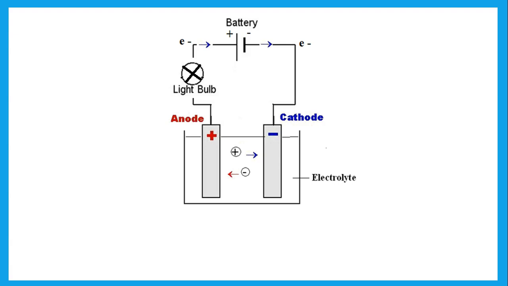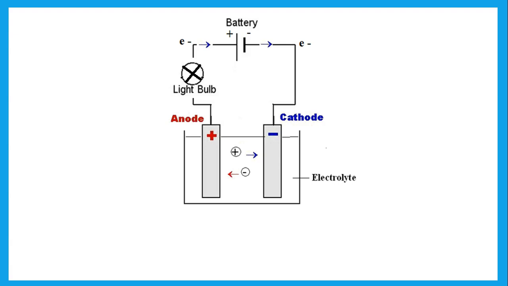The electrodes are connected to the ends of the battery. The electrode connected to the positive end of the battery is positive, because electrons in the wire are attracted towards the positive end of the battery. The electrode connected to the negative end of the battery is negative, since electrons in the wire are repelled away from the negative end of the battery, so they accumulate on that electrode.